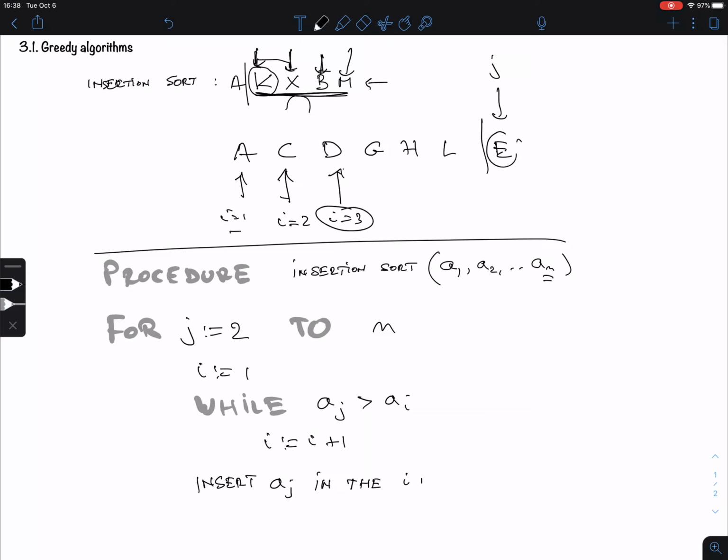I is 3, and so this has to now be inserted in. Remember, when I was doing this, I was 3. In the last comparison here, I was comparing E with D, with I being 3, and I said, okay, it's still not true, so I increase I. So I is at this moment 4. When I check this, I is 4, and that is exactly the position it should be. So it is the ith spot.